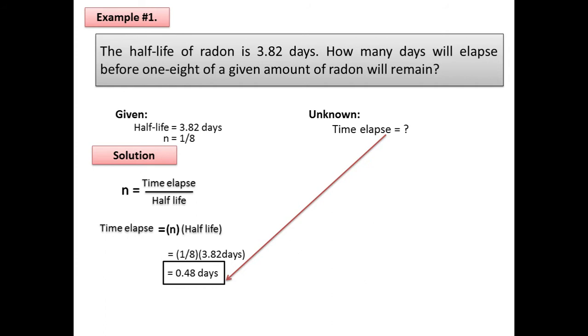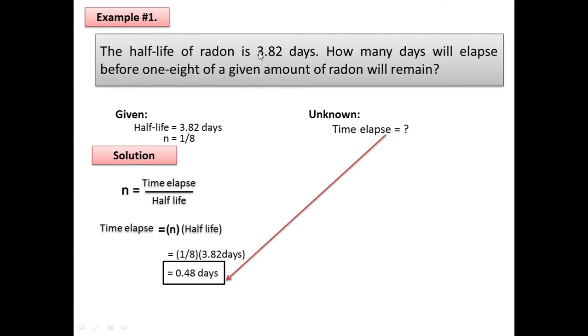Ito yung kailangan natin para ang matira doon sa radon natin, sa 1 whole na radon is 1/8 na lang. So kailangan lang natin ng 0.48 days. So ibig sabihin yung 3.82 days, the half-life of the equation, time elapsed, since we are solving the time elapse of this given problem.